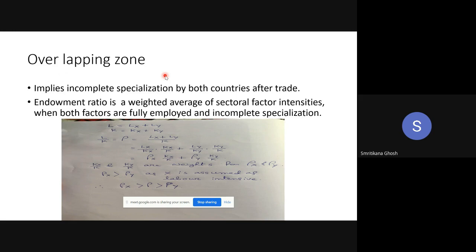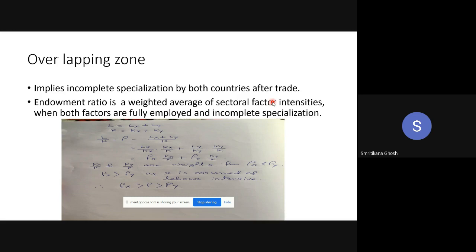Why? Because there is an assumption of incomplete specialization. If W by R goes beyond this range, then the country will go for complete specialization. We will show how it is possible, so not to worry. For the time being, just consider it as given that there is a range for W by R so that the country will have incomplete specialization.